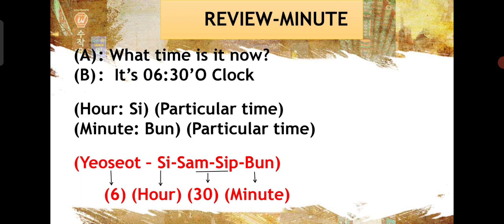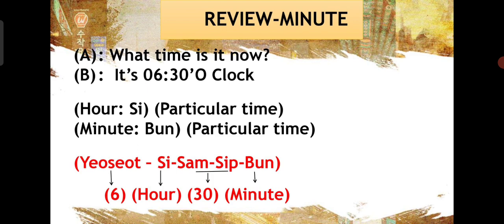So for example, you get the response like Yeoseot-si samship bun. It means, it's 6:30. Yeoseot belongs to the native Korean counting system, from 6. Yeoseot, si, that means 6 hour.